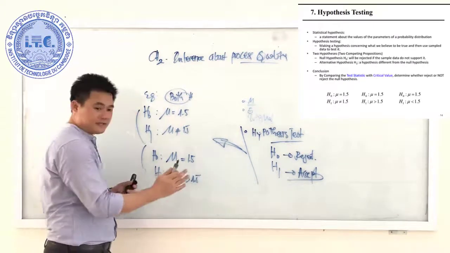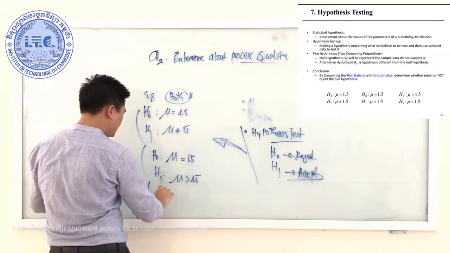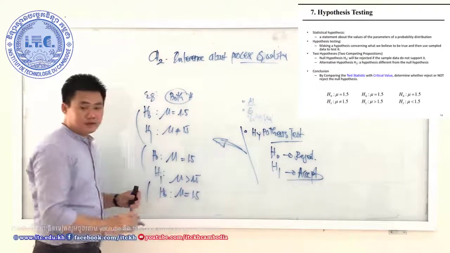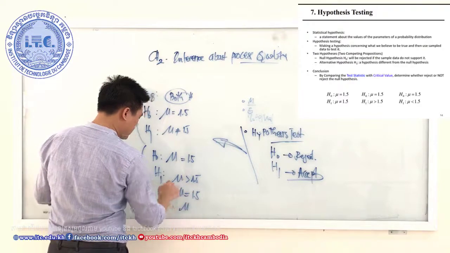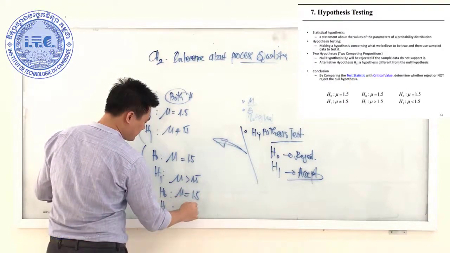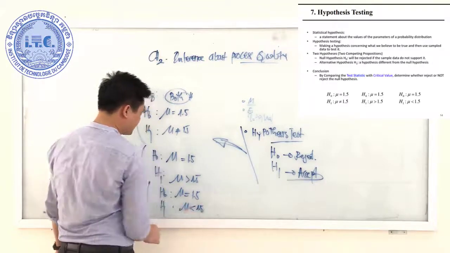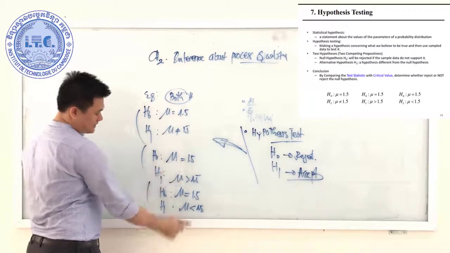This is the upper side. If you want to talk about the lower side, the same thing, H0 equals 1.5, and H1 is smaller than 1.5. This is the lower side. Both side, upper side, lower side.